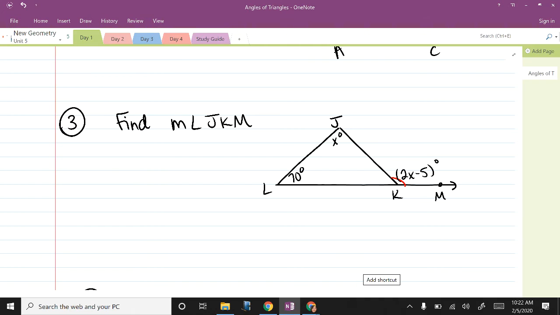Start at 4. So it says to find the measure of angle JKM, which is the exterior angle, correct? Well, before I find that measure, I have to find X, don't I? Yeah. I have to know what X is before I can know that measure. So what do you think I can do to set up an equation so that I can find X?